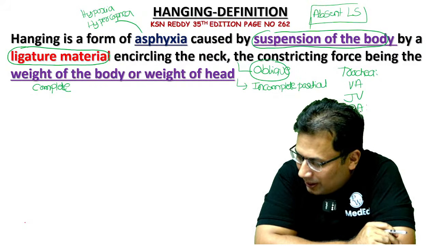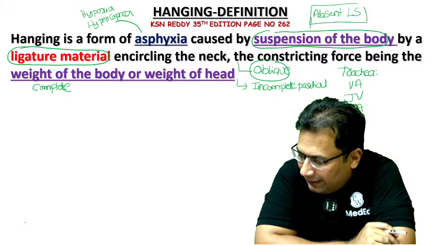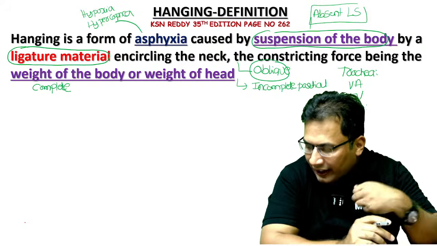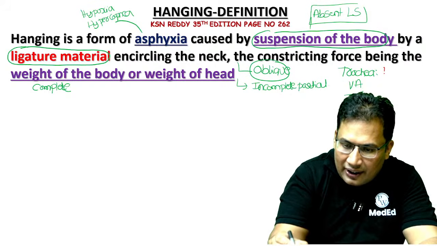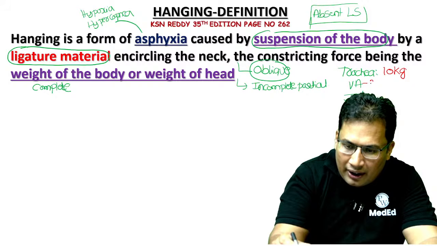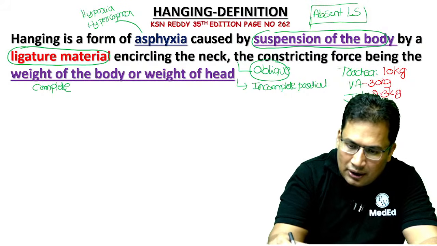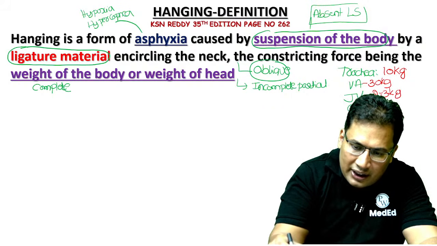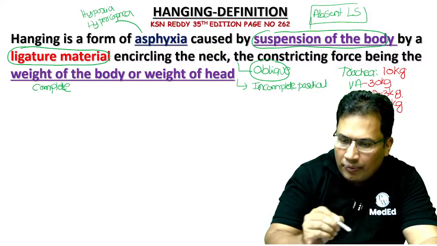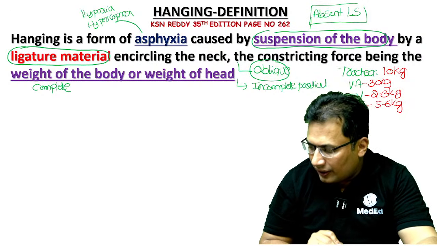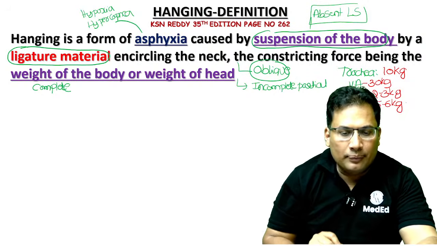Okay? Darshan, Kushal Patil, Mohammad Shahid. Yes, very good. 10 kg for the trachea, excellent answer. Kushal Patil, great answer. Vertebral artery around 30 kg. Jugular veins 2 to 3 kg. Carotid arteries around 5 to 6 kg. So this is a very, very important point.